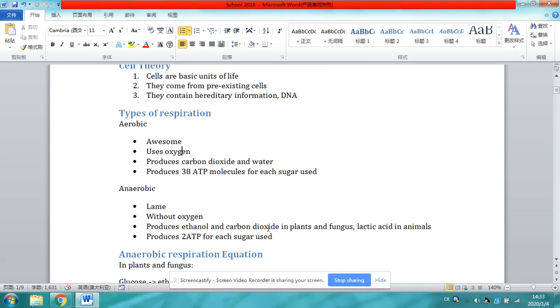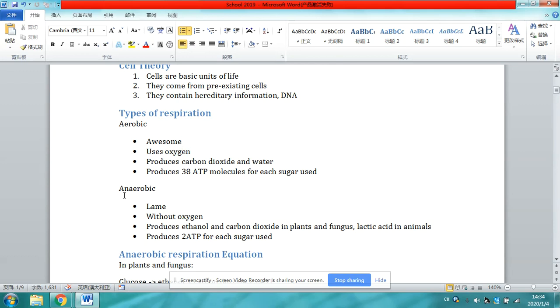When we are brewing wines, what we are essentially doing is putting some fungus, that is yeast, into the wine, and we have to seal it because we don't want oxygen to come in. So what we have done in brewing wines is we have created an oxygen-free environment for the yeast to undergo anaerobic respiration.